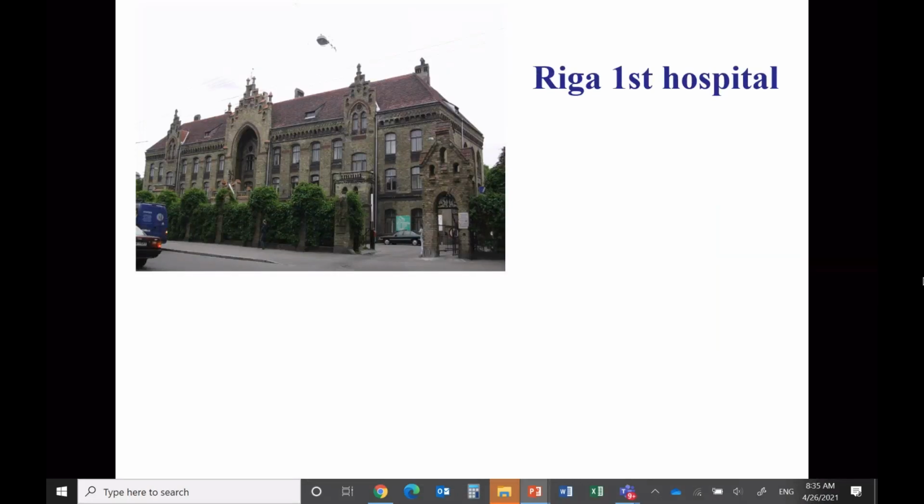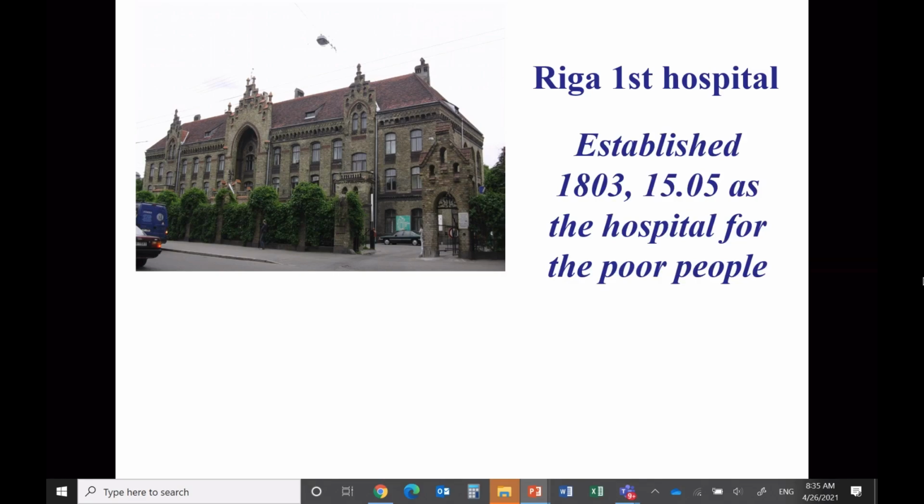So in the 20th century, the Riga East Hospital delivered a little bit modern or advanced technology. This is the ancient hospital that was established in 1803 for the very poor people.